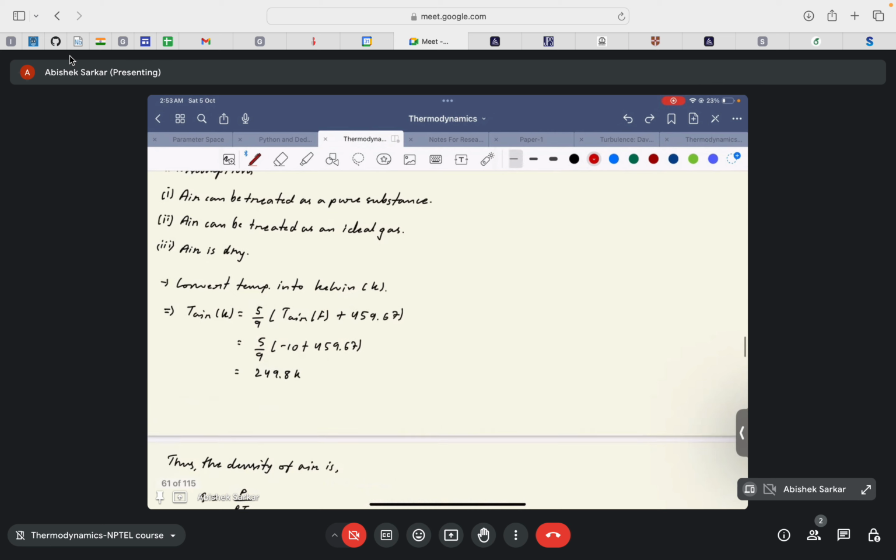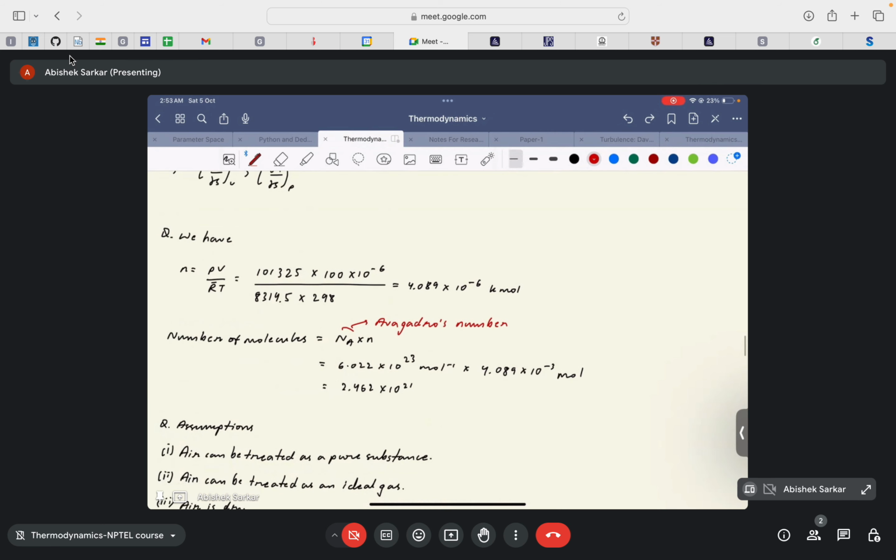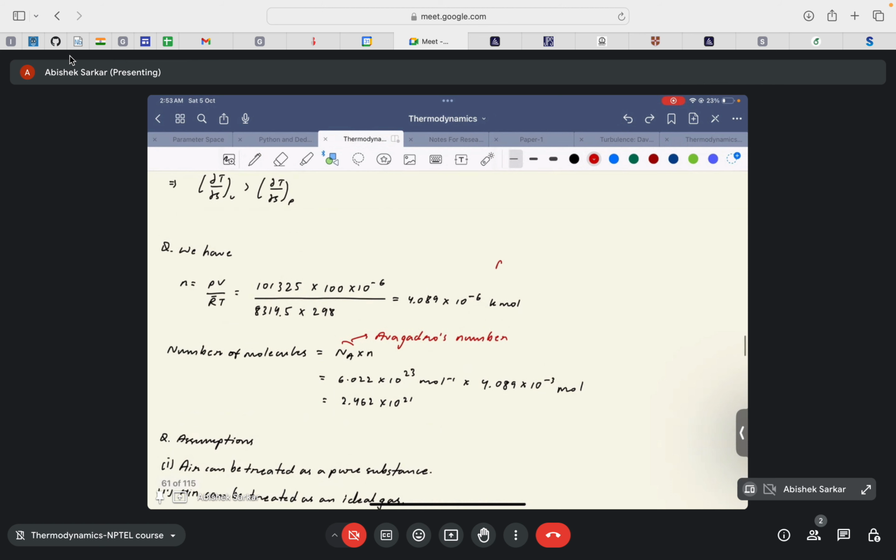It's again quite simple. You need to find the number of moles for the given pressure, temperature, and volume. We use this form of the ideal gas law: PV is equal to N into R bar into T, because from this equation you can directly find the number of moles.